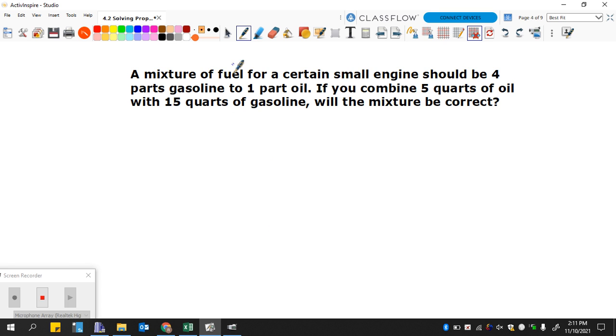A mixture of fuel for a certain small engine should be 4 parts gas to 1 part oil. So that would be what we call a 4-to-1 mixing ratio. It's 4 parts gas to 1 part oil.